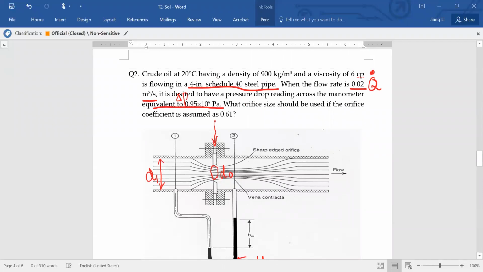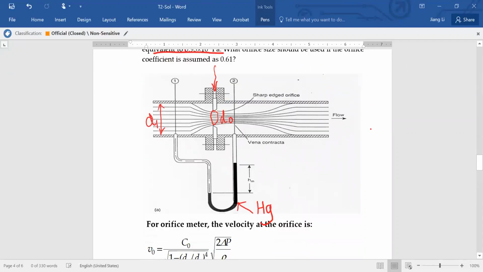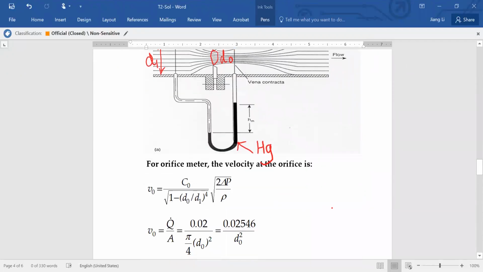So it means that you don't know the diameter of the orifice here. This is very different from question 1. For question 1, you know the throat diameter, but here, you don't know the orifice diameter. So it means inside here, I have an unknown. This diameter is unknown. Now I put a question mark.